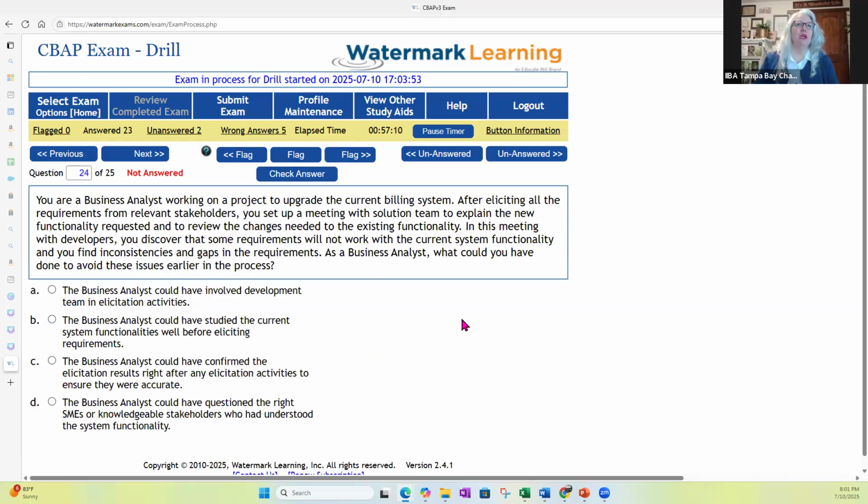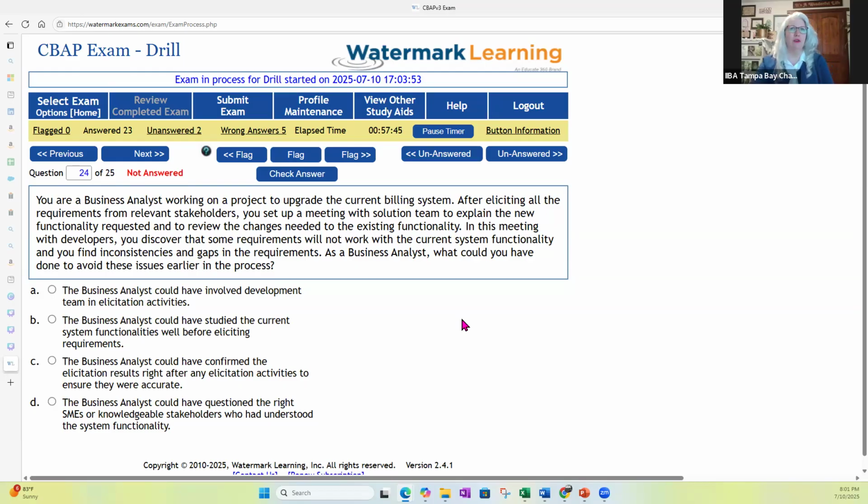You are a business analyst working on a project to upgrade the current billing system. After eliciting all of the requirements from relevant stakeholders, you set up a meeting with the solution team to explain the new functionality requested and to review the changes needed from them to the existing functionality. In this meeting with the developers, you discover that some requirements will not work with the current system functionality, and you find inconsistencies and gaps in the requirements. As a business analyst, what could you have done to avoid these issues earlier in the process?